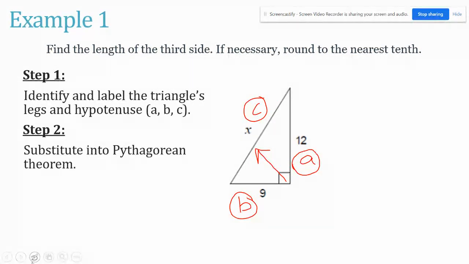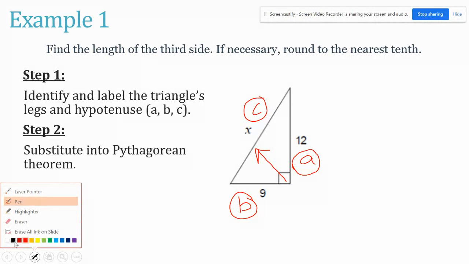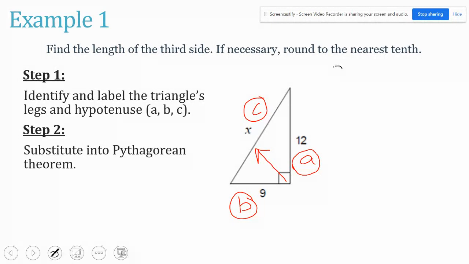Now from there, we're going to substitute it into the Pythagorean theorem. So I'm going to just rewrite it at the top. A squared plus B squared equals C squared. And I'm going to take the numbers and the variables that I have from this example and substitute them into my equation. So A is equal to 12 here.